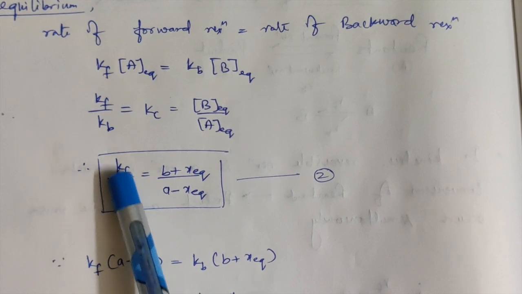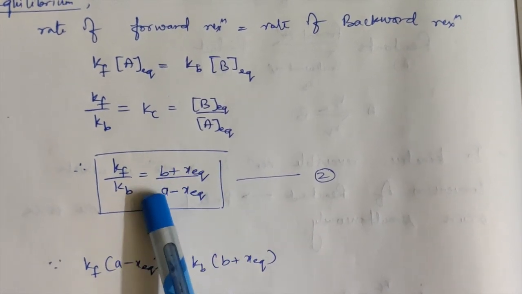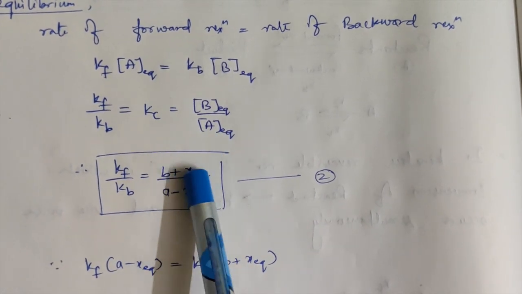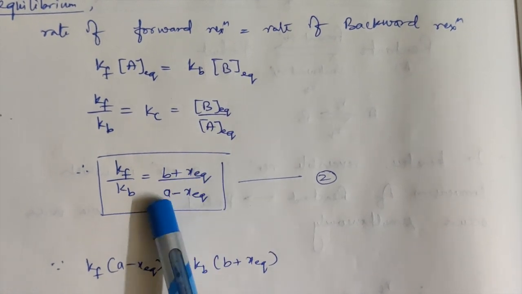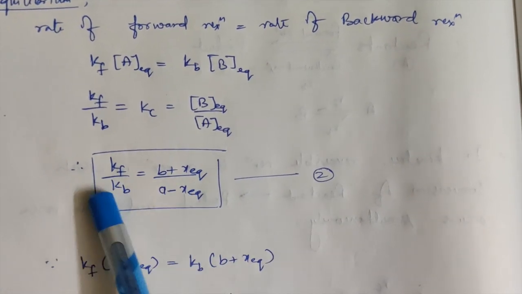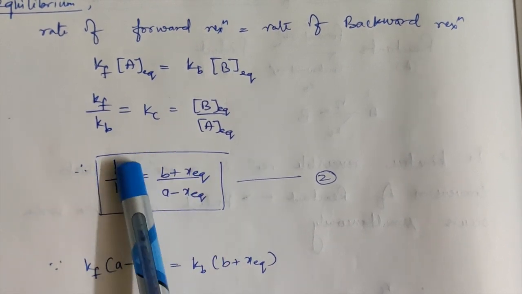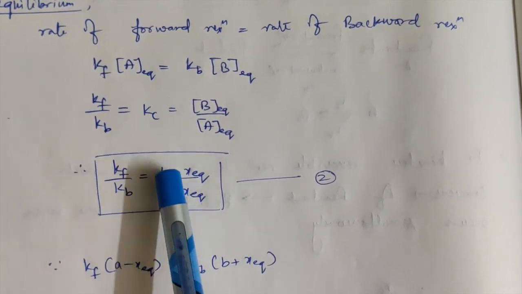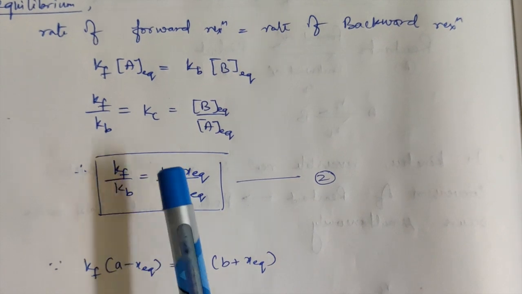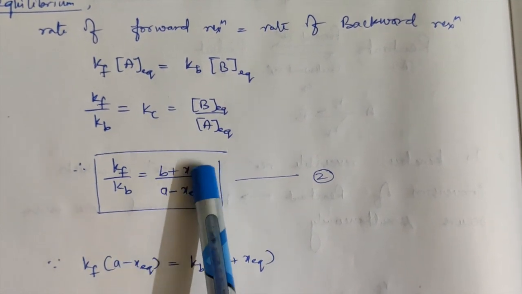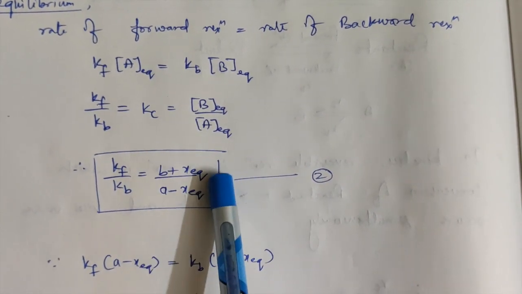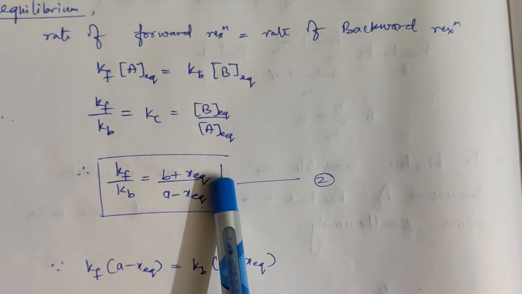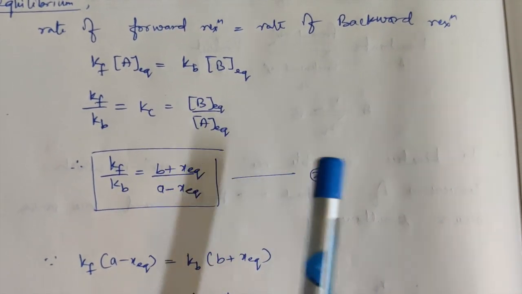Fine. So for Kf by Kb, I have just put the value of BEQ, that was B plus XEQ, and AEQ was A minus XEQ. This is what I get as the value of the equilibrium constant in terms of the initial concentrations of A and B, and the concentration of A which is converted into product at equilibrium.